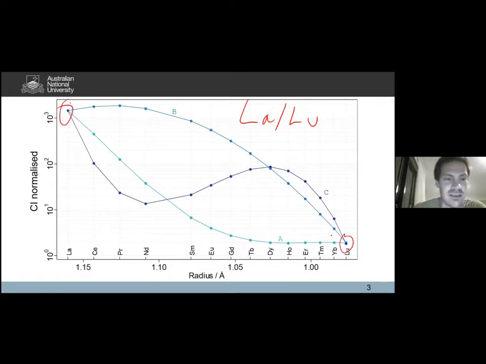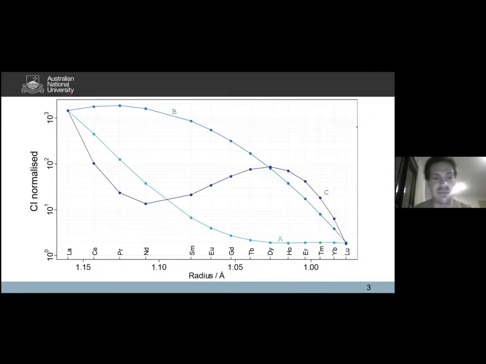In our case, this here is about 1,000, this is about 1, so we have something about 100. It tells you that we have much more light rare earths than heavies, again on a chondrite normalized plot, so this does not directly translate to ppm or percent. But all 3 of those patterns have exactly the same lanthanum to lutetium ratio, so it doesn't actually tell you much about the shape.